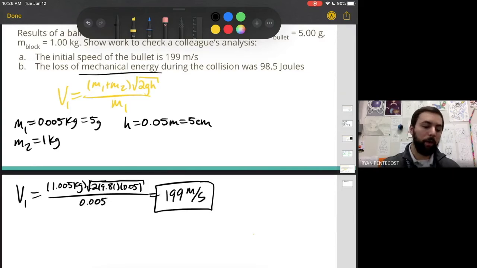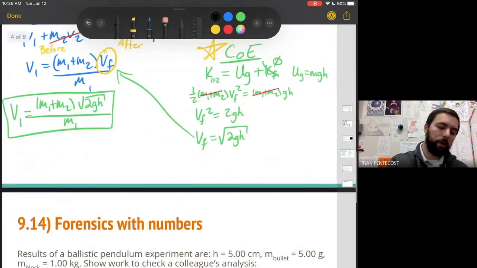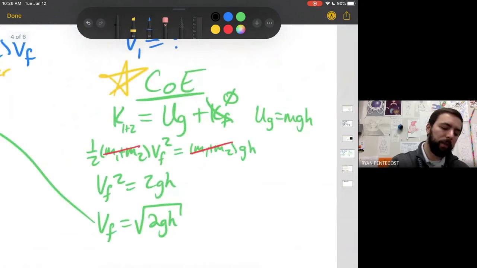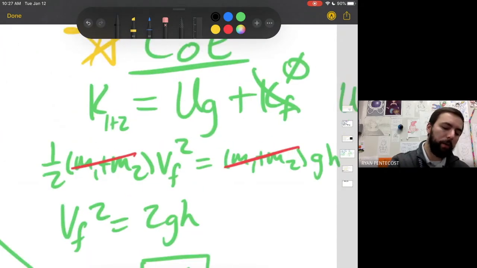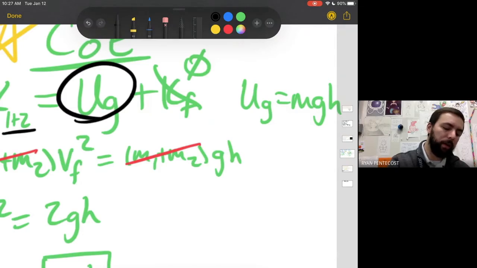So we want to know how much energy loss there was. And your colleague says that it's 98.5 joules. We can actually solve that. So up here on our COE, remember this is the kinetic energy when they are combined, 1 plus 2. So this is after the collision. And then obviously as it swings up, this guy is way after the collision, right?